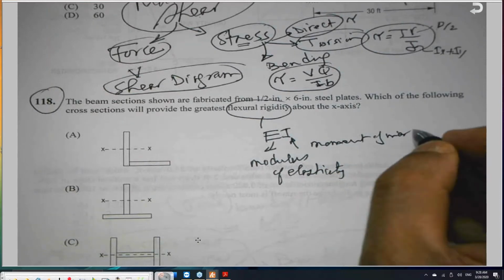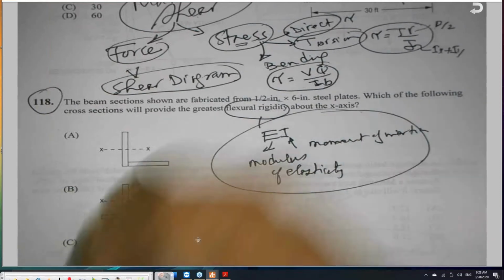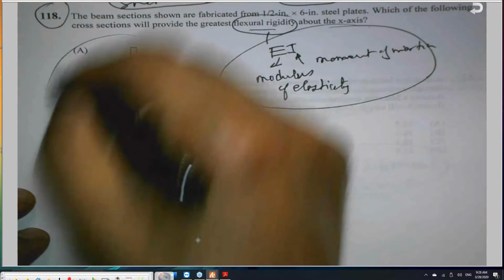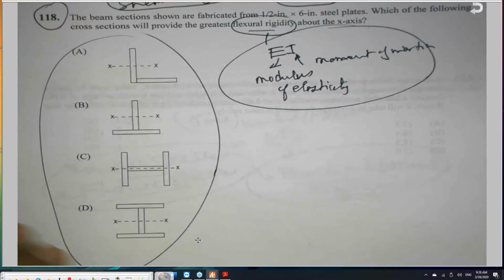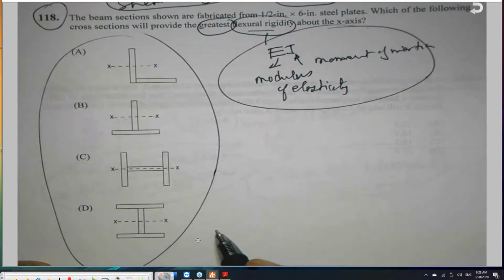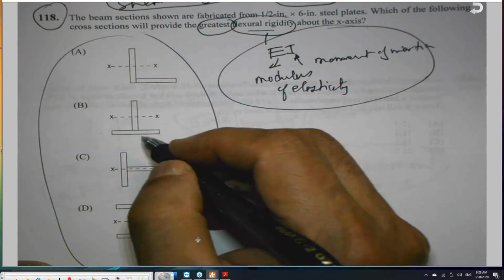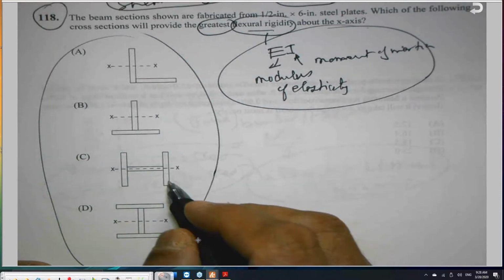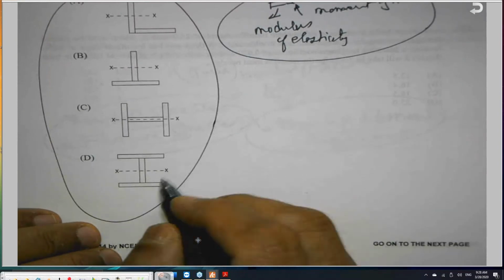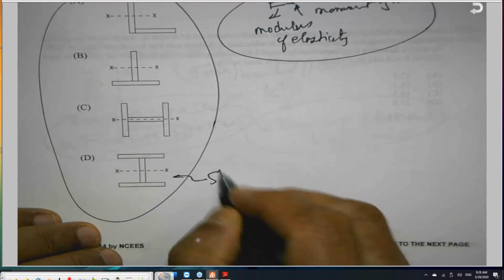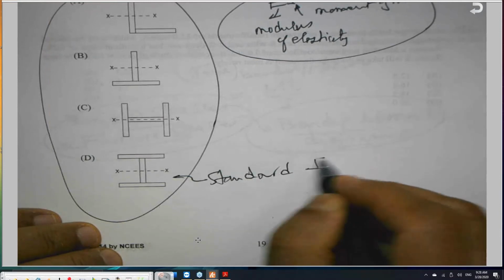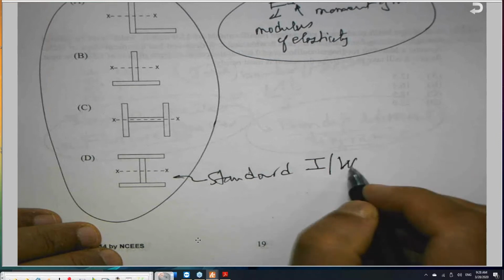He gave you different shapes, and he's asking which one of these has the maximum, or the greatest, flexural rigidity. Again, an angle, an inverted T beam, an inverted I shape or W shape, and the I shape, which is a standard W shape or I beam, as we call it.